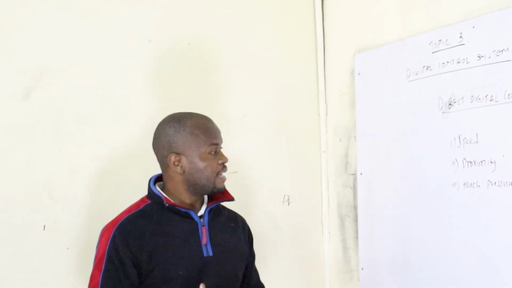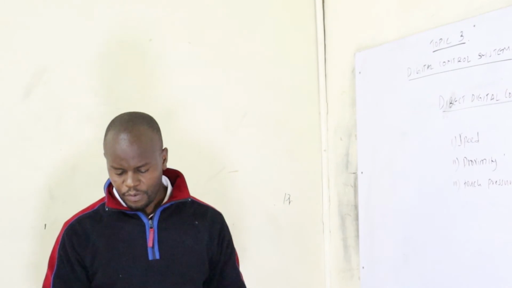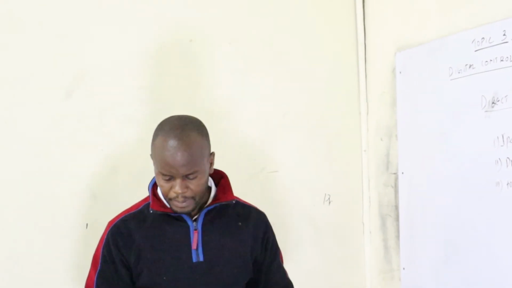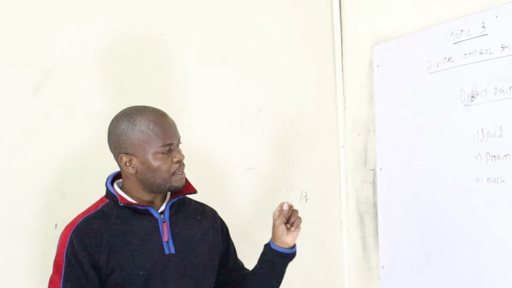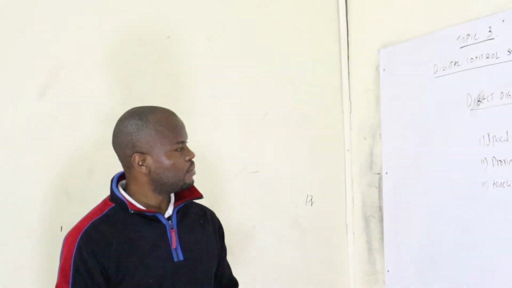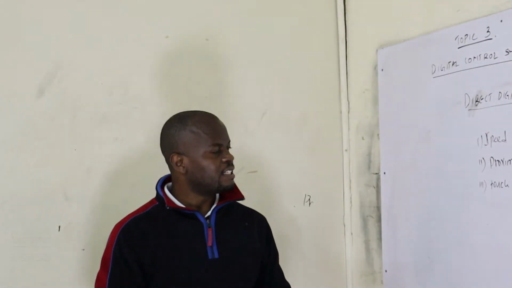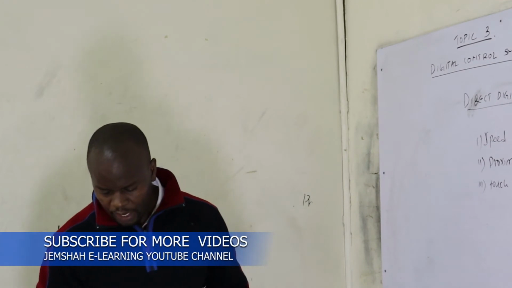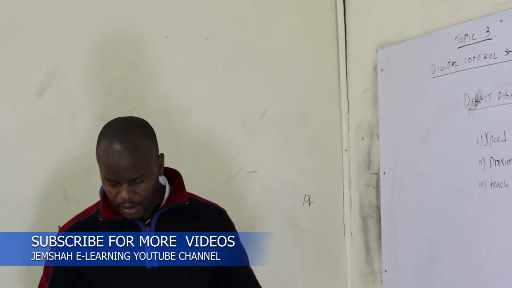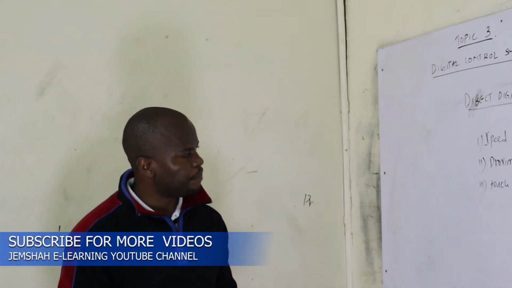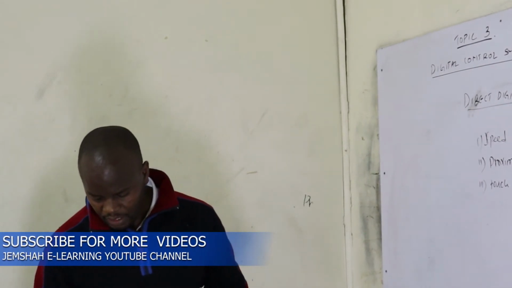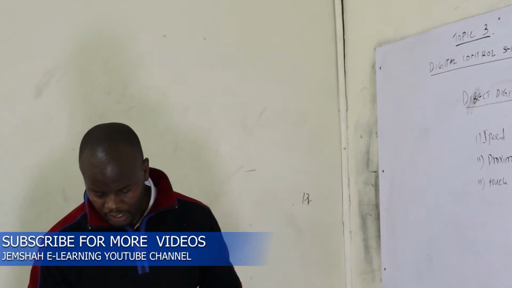The multiplexer is basically an electronic equivalent of a switch with a rotating blade, which rotates very rapidly so that it moves from one transducer to another. When it moves from one transducer to another, it is able to stay there long enough for an analog to digital converter to sample and digitize the analog signal.